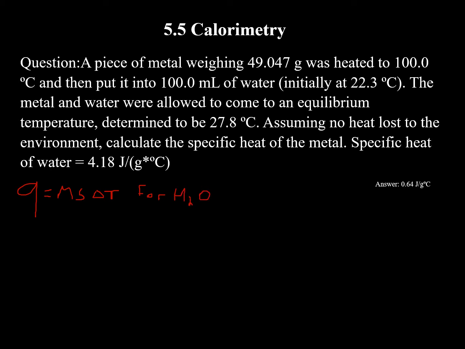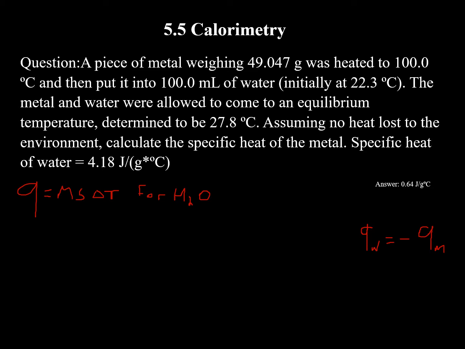And once we have this information, we know the heat that's gained by the water will be coming from the metal. So you have a hot piece of metal, you put it in the water, the water will gain some heat, and the metal will lose some heat. So the heat gained by the water comes from the metal. So first thing, we need to find the heat for the water.